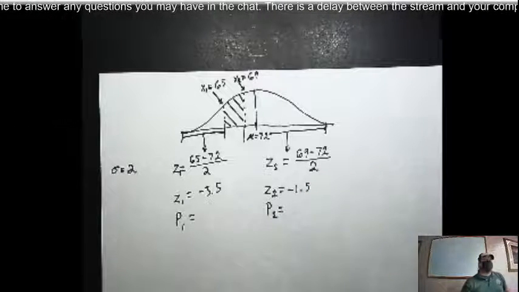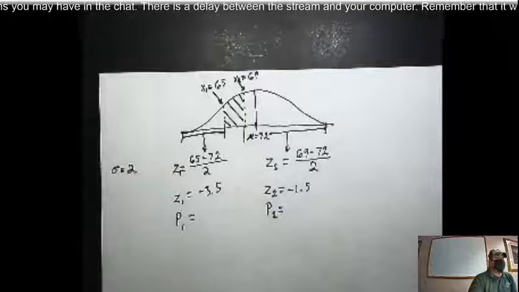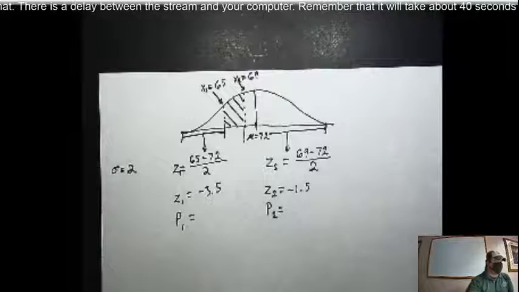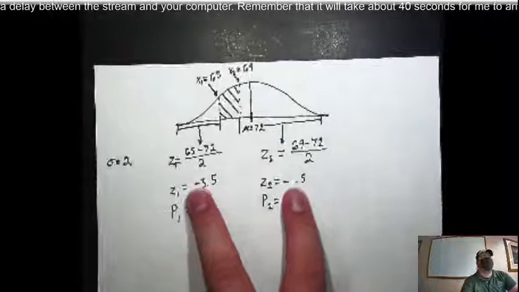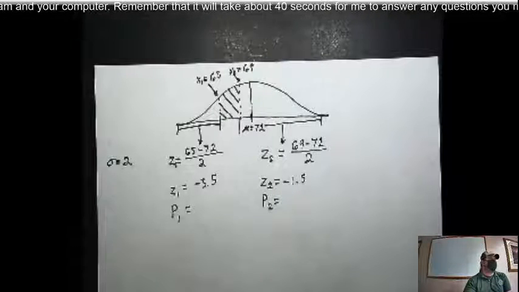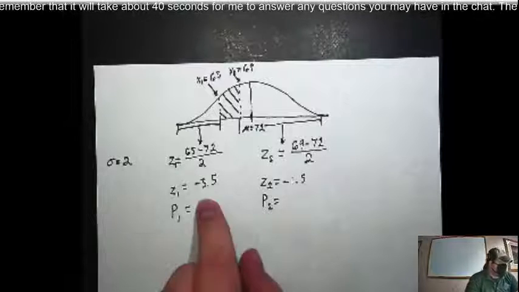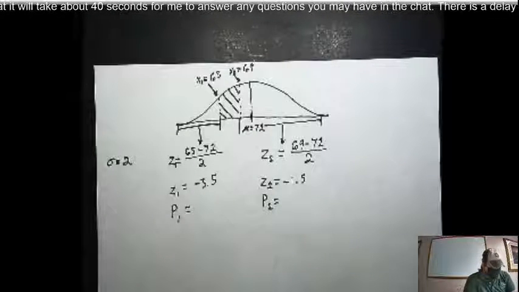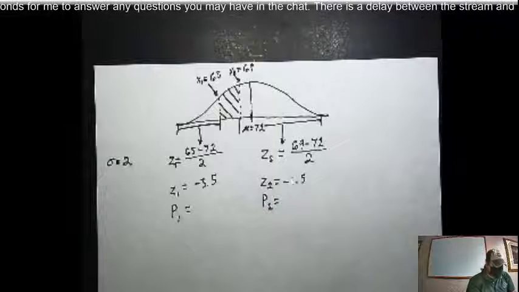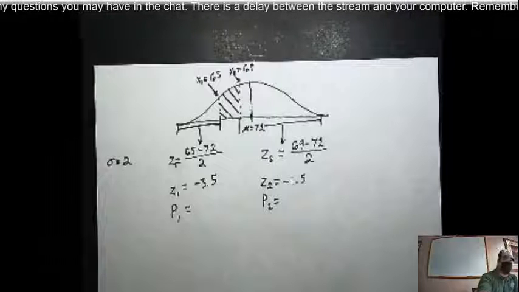Again, we need to look at our z-table to find the z-score on there and then get our probability from that. Both of our z's are negative, so we're going to need to look at our negative z-table. So let's see, -3.5, scroll down on the side, okay, there's 3.5, and nothing else comes after that, so we can just go to the 0 part.